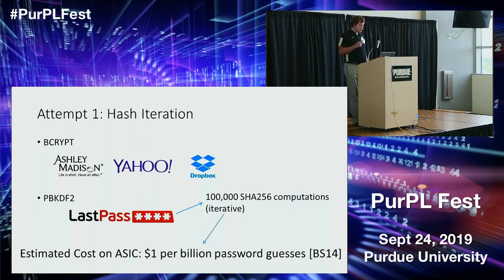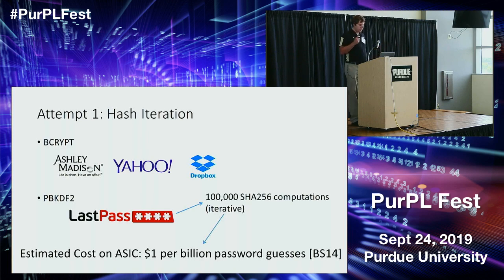Now, the problem is, if you take this ASIC, which can compute 14 trillion hashes per second, and plug it in, we're estimating that this is about $1 per billion password guesses that the attacker tries. And a billion is far more than the attacker needs to crack a majority of passwords.